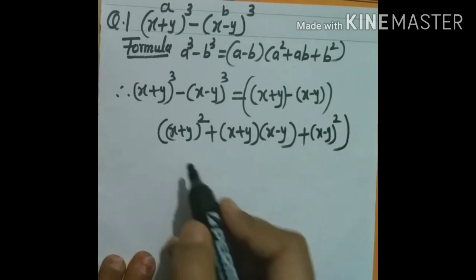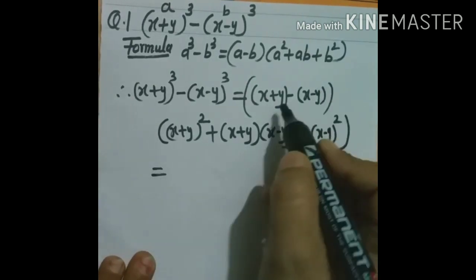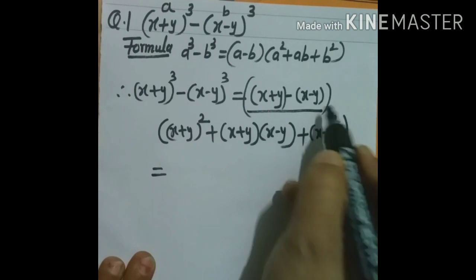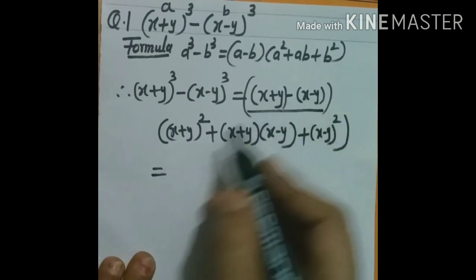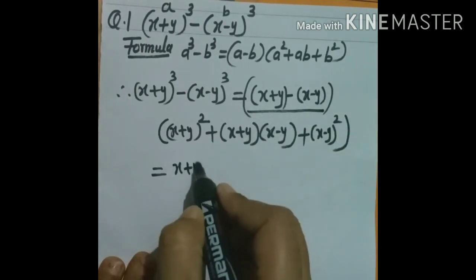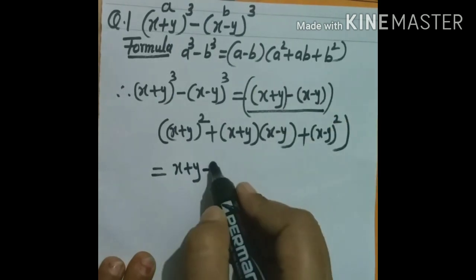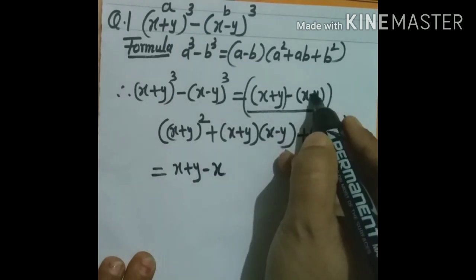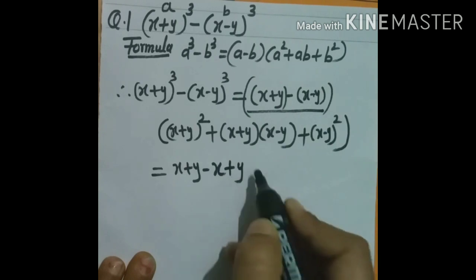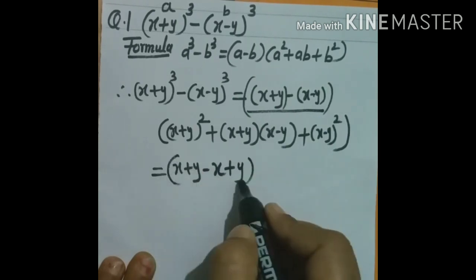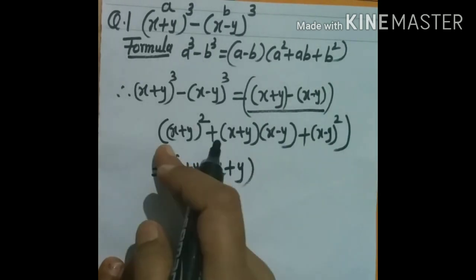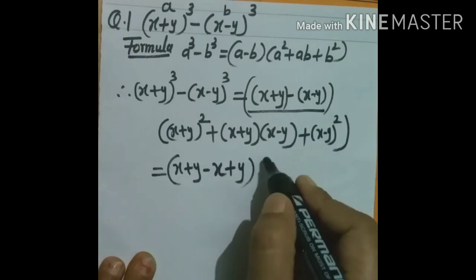Okay. Now equal to, we solve this bracket, children. What do we get? Open the brackets: x plus y minus x minus minus plus y. Put one bracket, children. Okay. Now come to the next bracket.